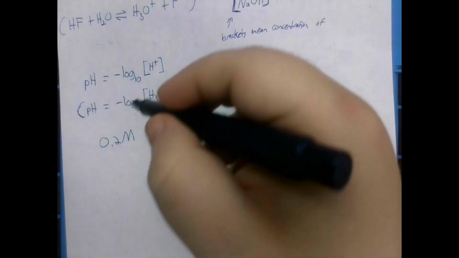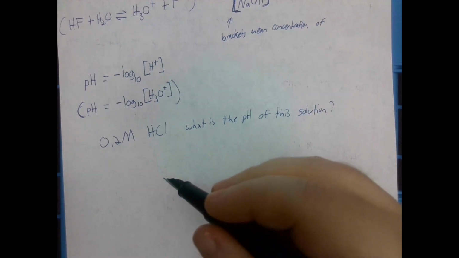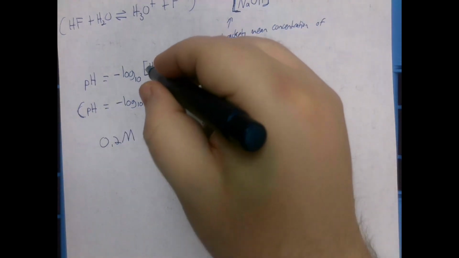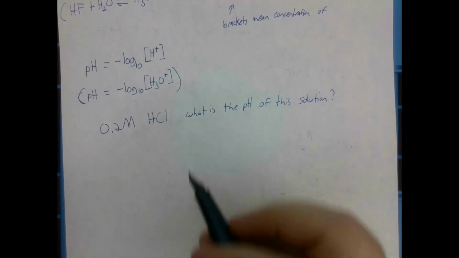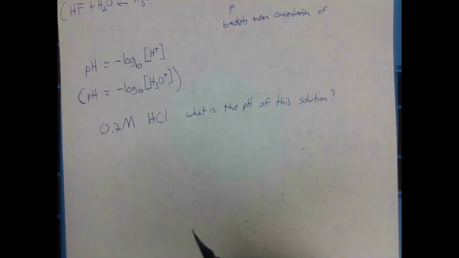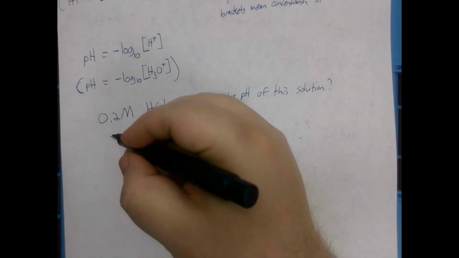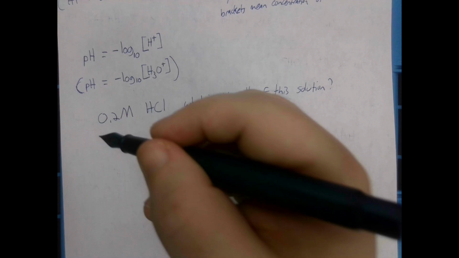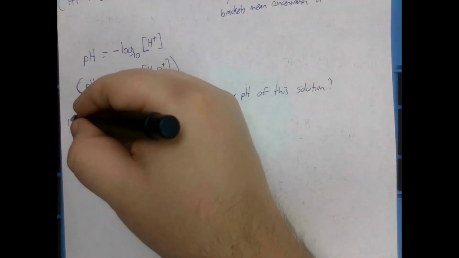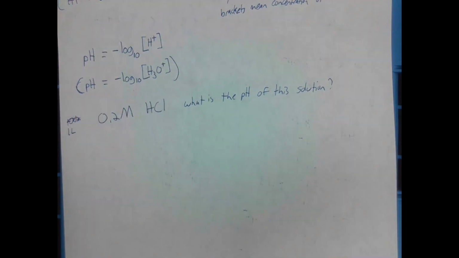So the pH is equal to the negative log of the concentration of H plus ions. So how many moles per liter? Well, let's make it easy. We have exactly a 1 liter solution.